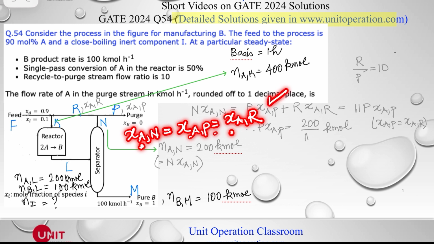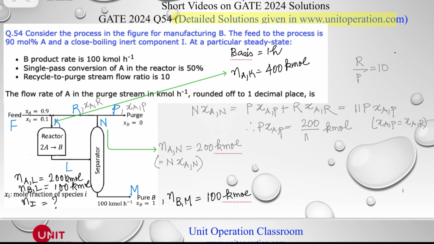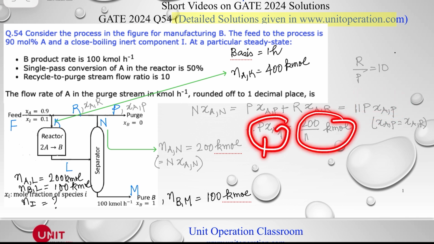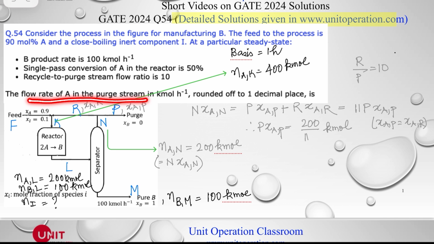Okay, so XAP is equal to XAR. If we take that common, we can write this as 11 P XAP. So P XAP is equal to 200 over 11. So this is the total flow rate of A in the P stream, or the purge stream. So the flow rate of A in the purge stream is equal to 200 divided by 11. So this is my answer.